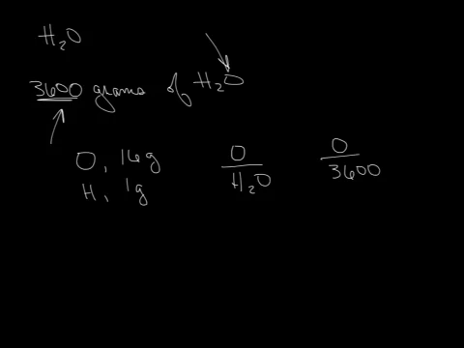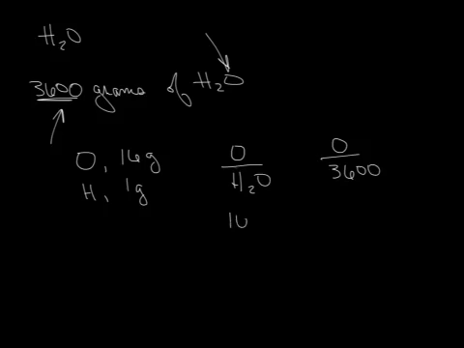So if we can find out how much oxygen weighs, which we found out is 16, and how much one, I don't even know what you would call it, one molecule of water, I guess is what we would call it. We can find out how much oxygen is in one molecule of water. We can find out how much oxygen is in this because it's going to be ratios.